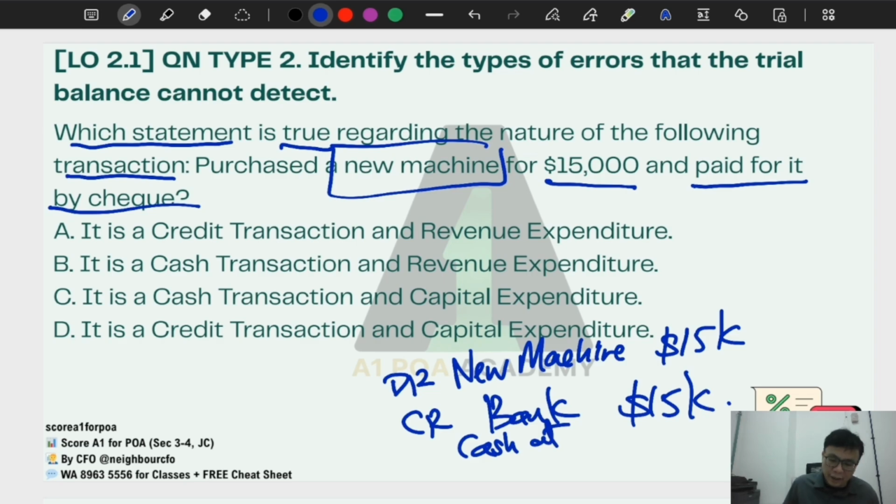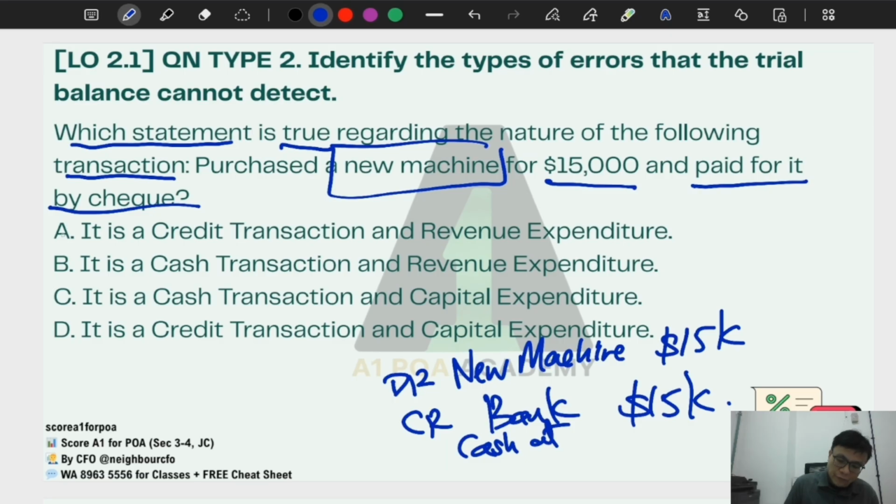Now, you know that from the start, this is a cash transaction, because within the sentence, as part of the information provided, it didn't tell you that credit terms have been granted by the machine seller. So you pay the cash at bank, probably via giro transfer or PayNow, on the assumption that the limit is allowable, or you issue a check.